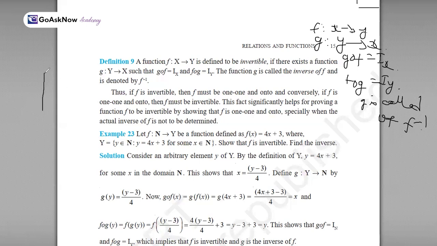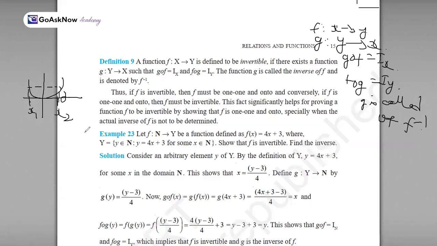Suppose that you have a function like a parabolic function. Like x, you have x1 and x2, and both have the same y.